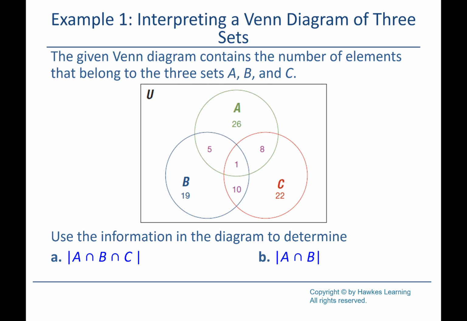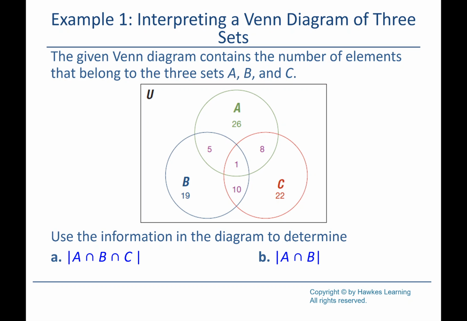Look at A. We've got some new notation here, but we can handle it. This says, what's the cardinal number, how many do we have, in the intersection of set A with B intersected with set C? All this is saying is how many elements do we have where A, B, and C all overlap?